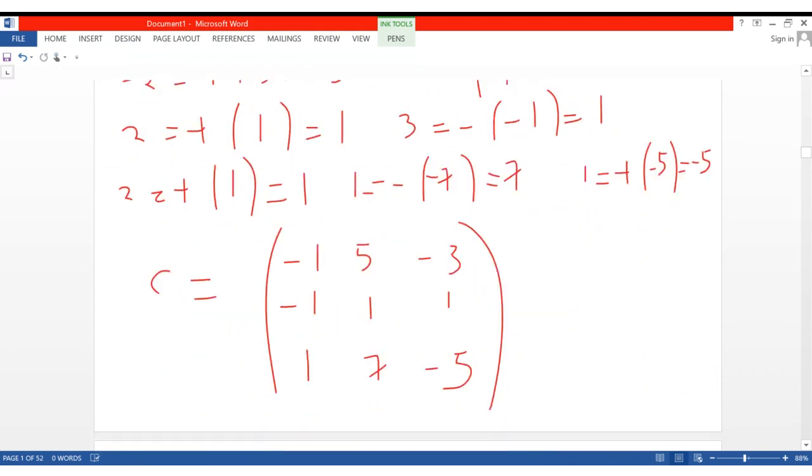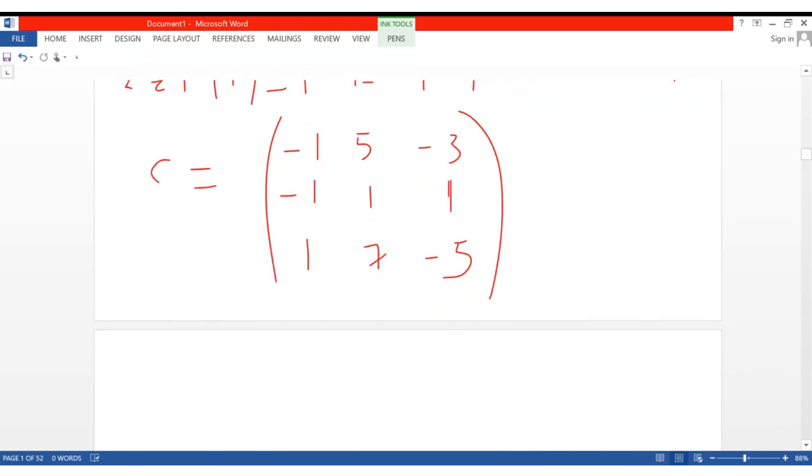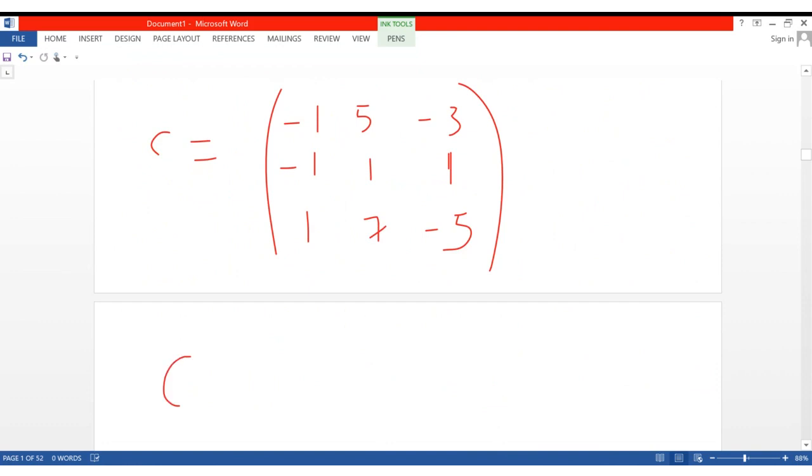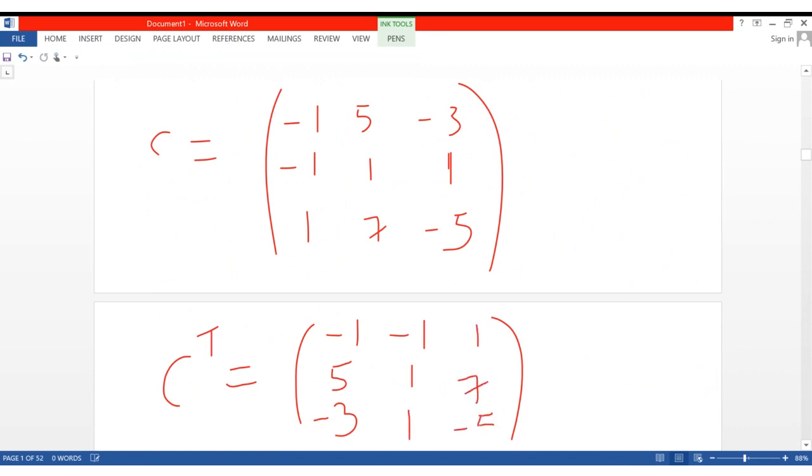That is the matrix of cofactors. Then I transpose this one, CT. I'll get negative 1, 5, negative 3, negative 1, 1, 1, 1, 7, negative 5.